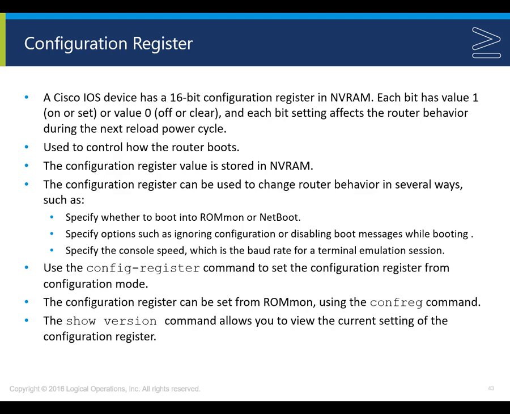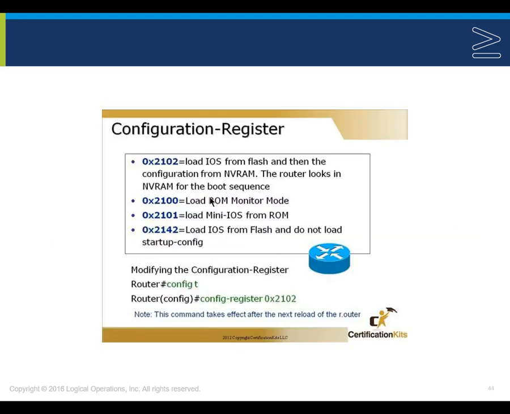We changed it in the one that we recovered to tell it not to look for a startup configuration file. There are bigger lists, obviously, than this, but the 2102 loads the IOS from flash, and then the configuration from NVRAM. That's the one that we changed it back to.